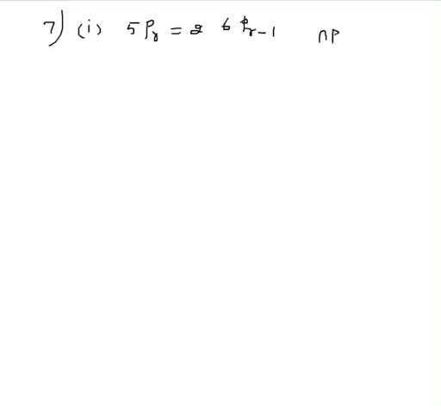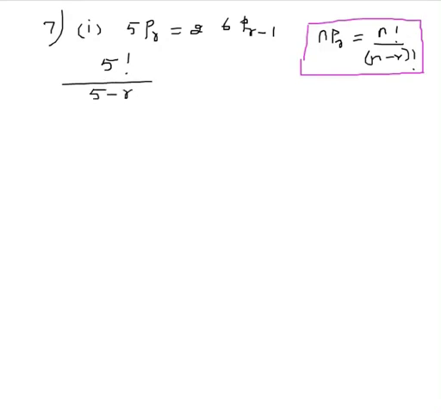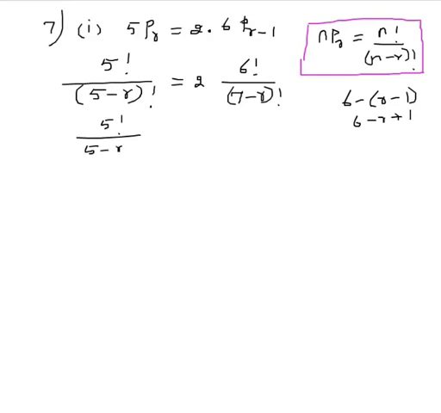Let us use the NPR formula, which is n factorial divided by n minus r factorial. 5 factorial divided by 5 minus r factorial equals 2 times 6 factorial by 6 minus (r minus 1), which will become 6 minus r plus 1, which is 7 minus r factorial. 2 times 6 factorial can be split and written as 6 times 5 factorial.